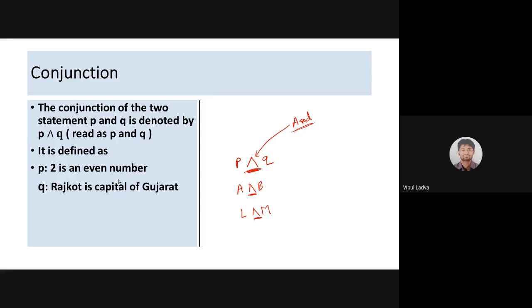Forget about their truth value. It's fine if the truth value is true or false. For example, the truth value of P is true. The truth value of Q is false. But when we are using conjunction, we must be sure that we are joining two or more statements. They must be statements, okay?